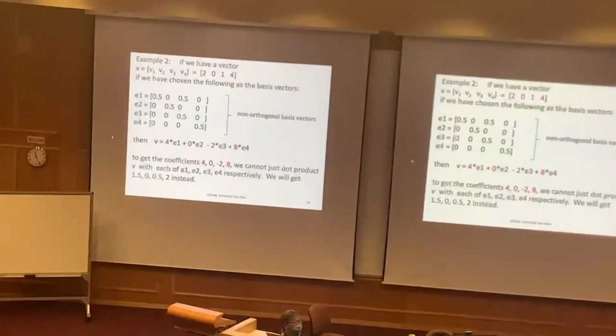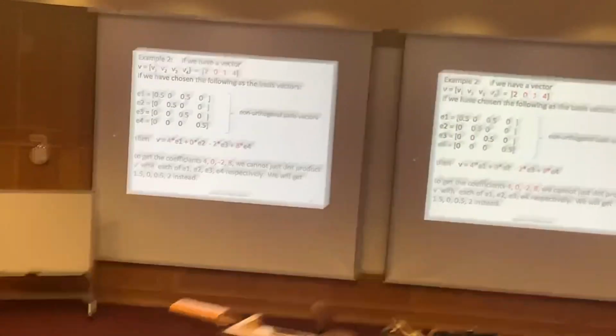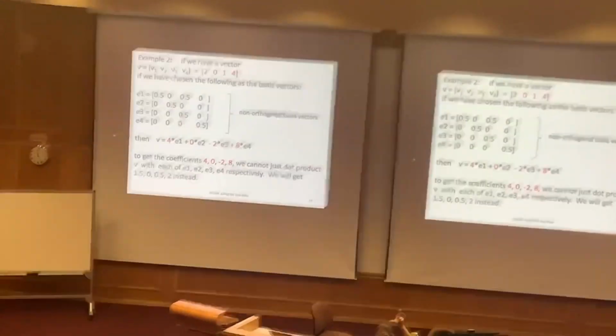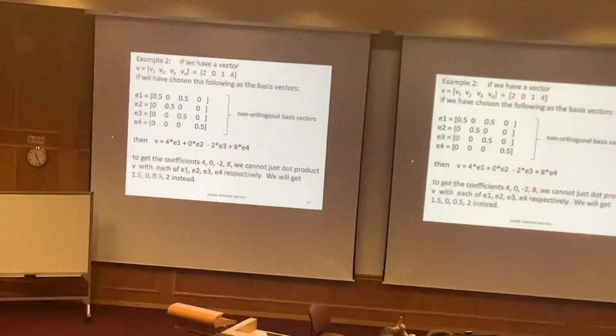When two vectors are orthogonal to each other, when you dot product, what do you get? Non-zero, right? Yes or no?